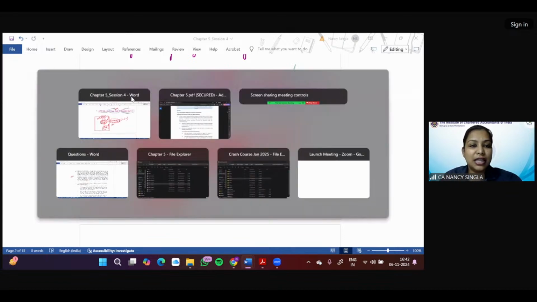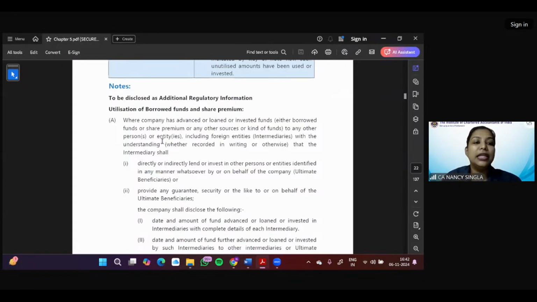If you have a look at the A clause, it says that where a company has advanced, loaned or invested funds, either borrowed funds or share premium or any other sources or kinds of funds, to any other person or persons. So where a company is what? X Limited. To any other persons is what? Y Limited, including foreign entities, which is what? Intermediary, with the understanding, whether in writing or otherwise, that the intermediary shall.